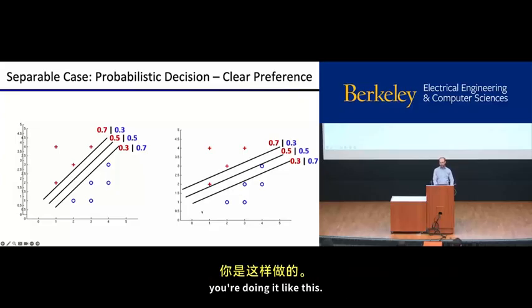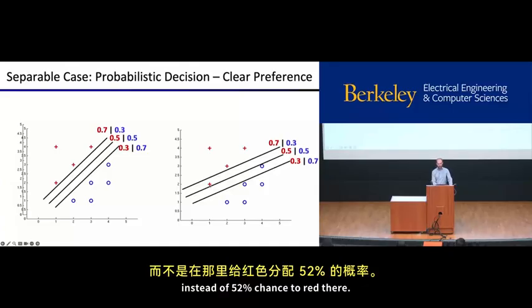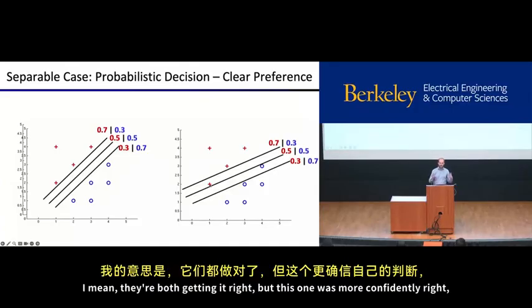Whereas here, you're doing it like this. And we'd rather our model assigned 75% chance to red here, because it would be right, instead of 52% chance to red there. I mean, they're both getting it right, but this one was more confidently right.